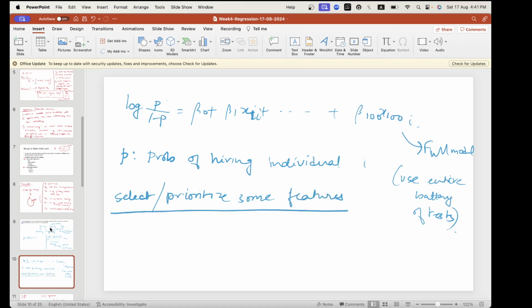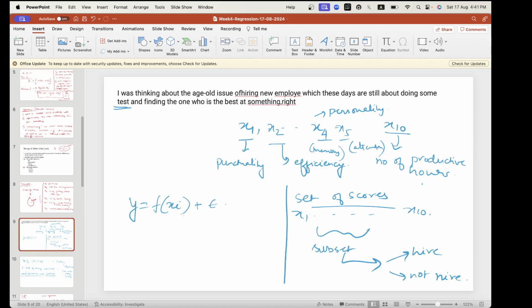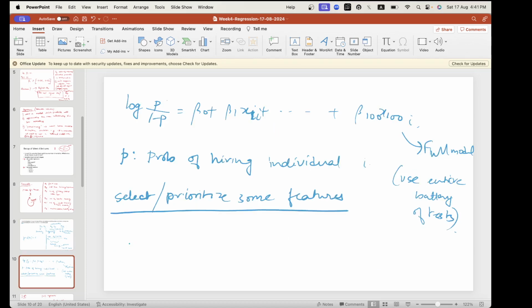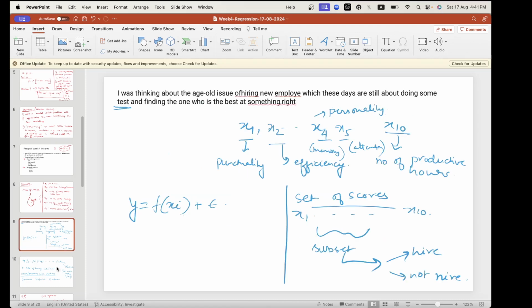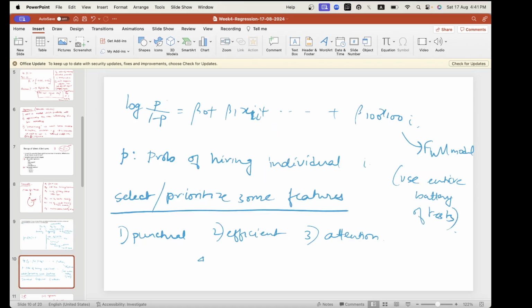So let's say out of all these features that you have, you want a man to be punctual, you want him to be efficient, you don't want memory that much, you want attention. And another thing is productive hours.